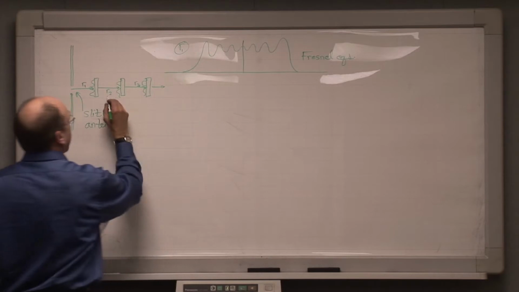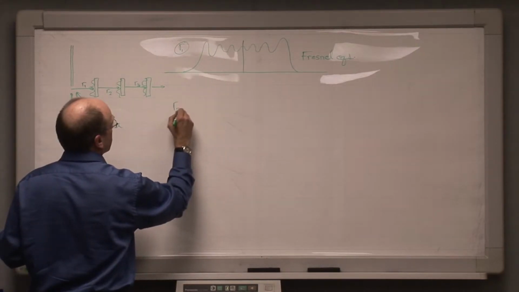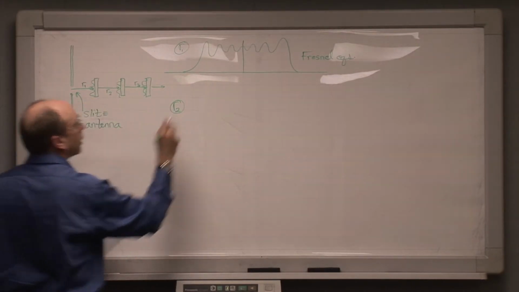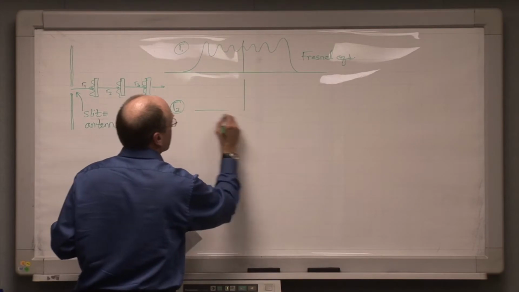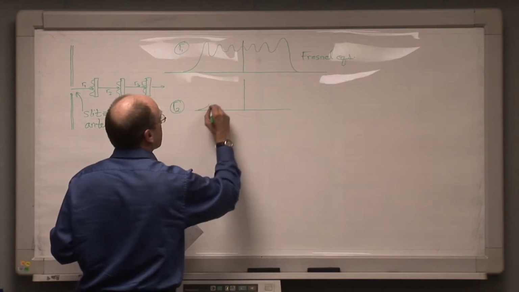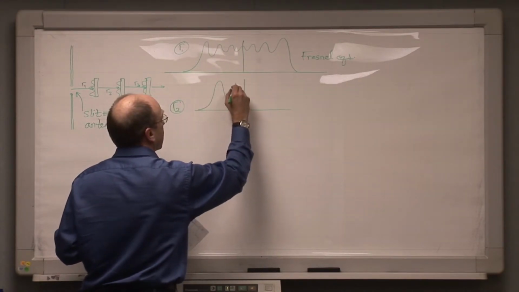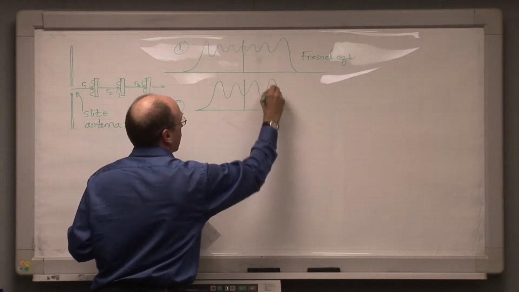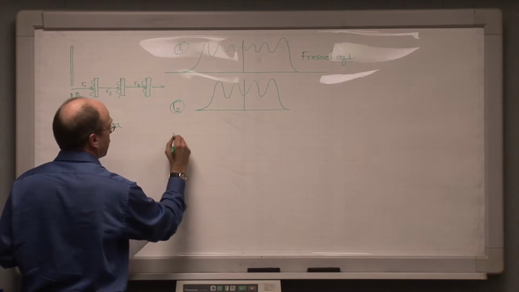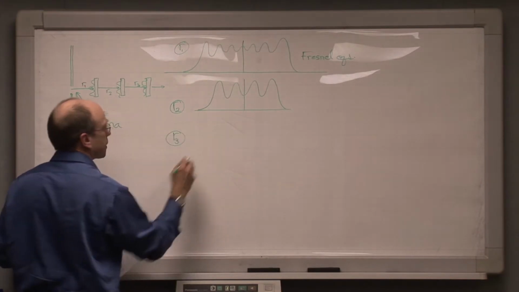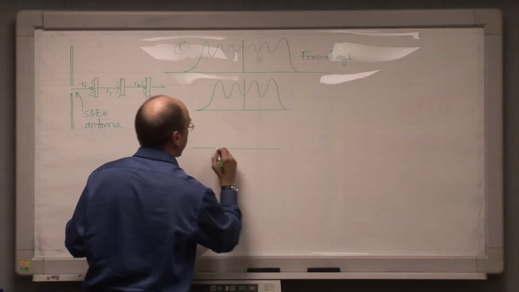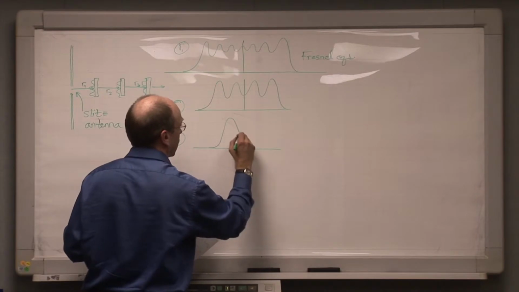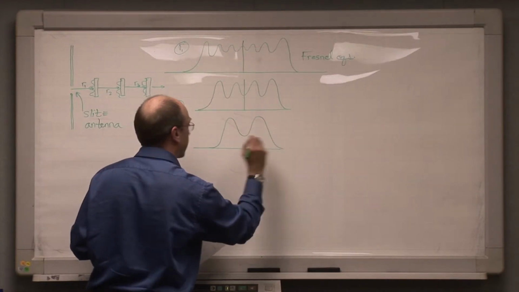And then we move out to a distance R2. At a distance R2, we're going to get a similar but different looking pattern, which is going to look like this. And so forth. Then we move out to a further, larger distance, R3. We get a pattern that's going to look something like this.